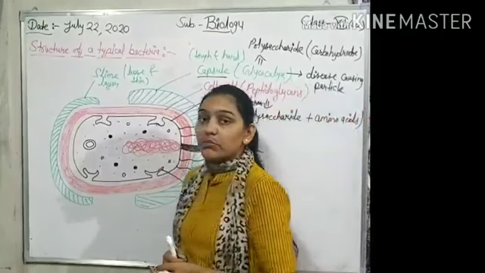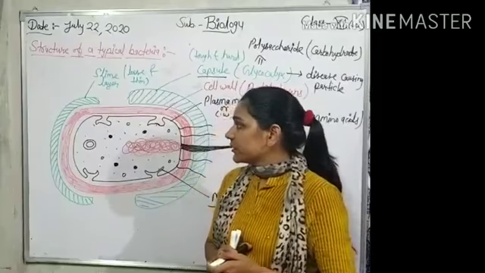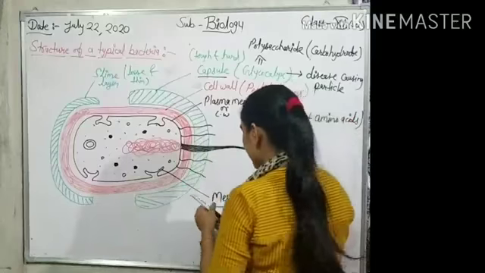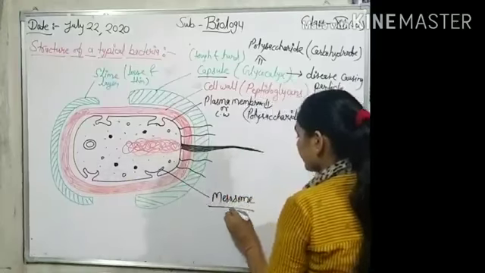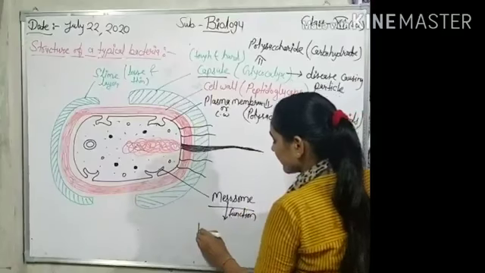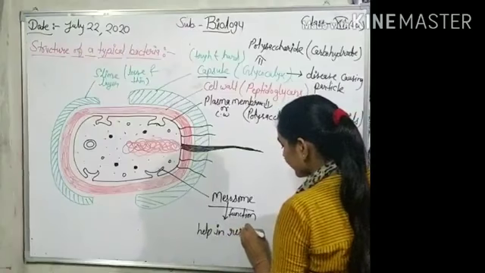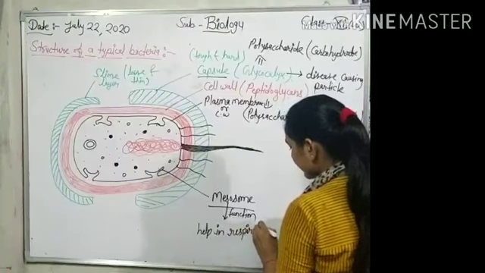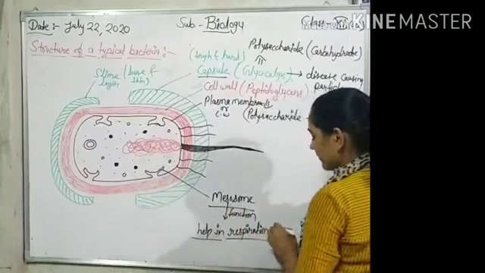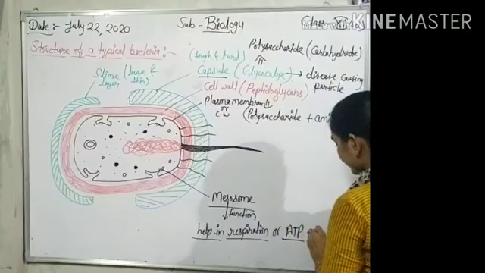In bacteria, the mitochondrial cell organelle is absent, so the mesosome helps in respiration. The function of mesosome is to help in respiration, or ATP, meaning energy synthesis.